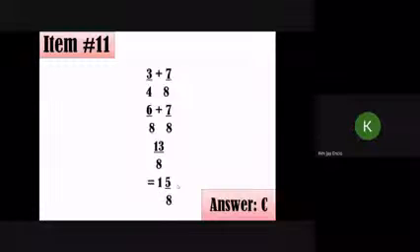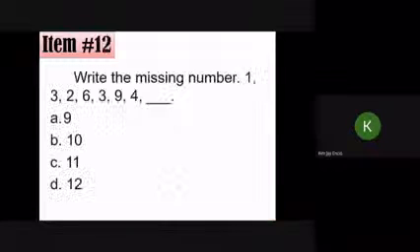Number 12. Write the missing number. 1, 3, 2, 6, 3, 9, 4, blank. Is it 9, 10, 11, or 12? What do you think? To answer this, this is the given sequence.